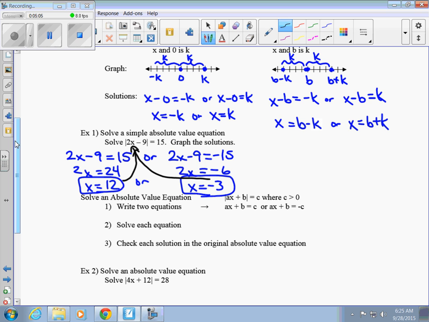And then once again, if we would graph these, we'll go by threes.